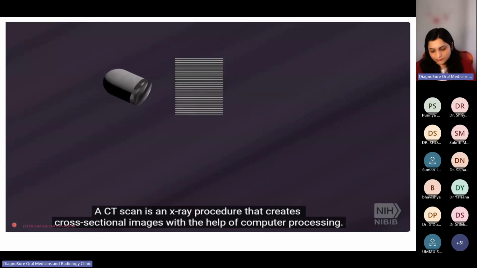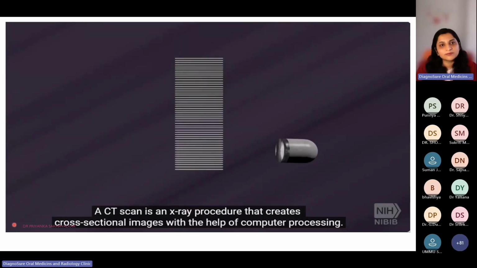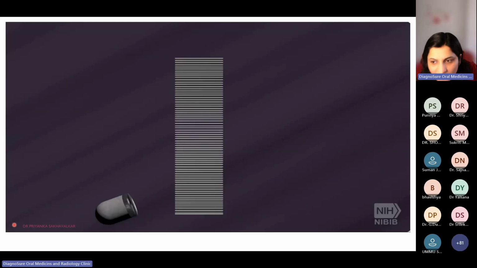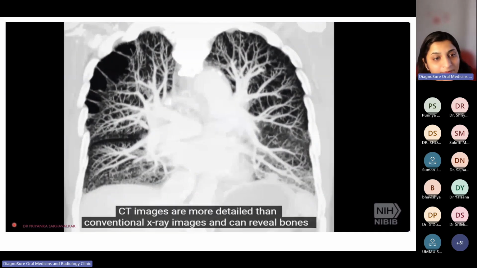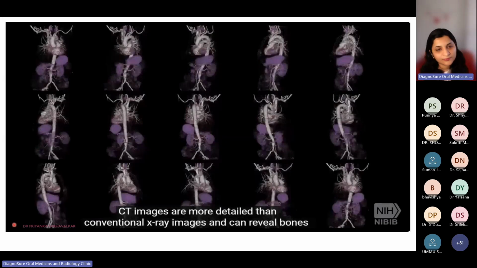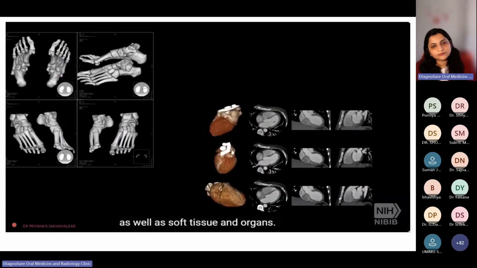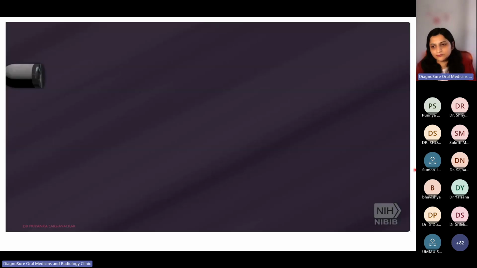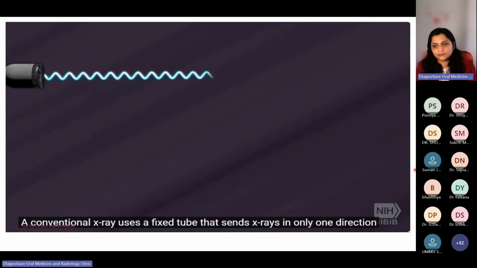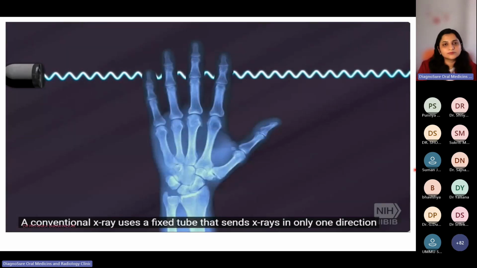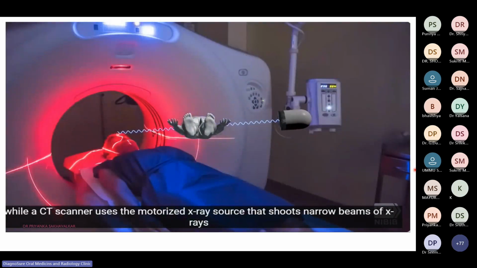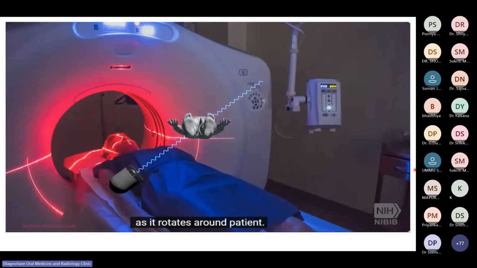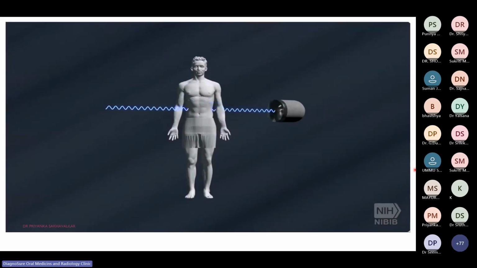CT scan is an X-ray procedure that creates cross-sectional images with the help of computer processing. CT images are more detailed than X-ray images and can reveal bones as well as soft tissue and organs. A conventional X-ray uses a fixed tube that sends X-rays in only one direction, while a CT scanner uses a motorized X-ray source that shoots narrow beams of X-rays as it rotates around the patient.